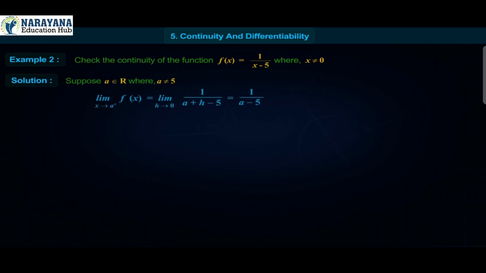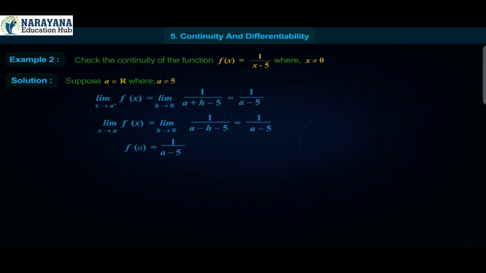Limit x tends to a plus f of x is equal to limit h tends to 0, 1 upon a plus h minus 5, which is equal to 1 upon a minus 5. Limit x tends to a minus f of x is equal to limit h tends to 0, 1 upon a minus h minus 5, which is equal to 1 upon a minus 5.